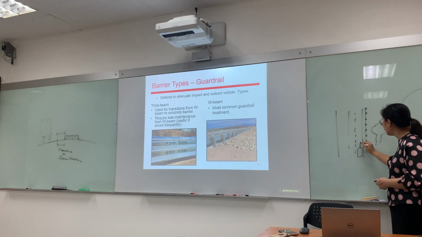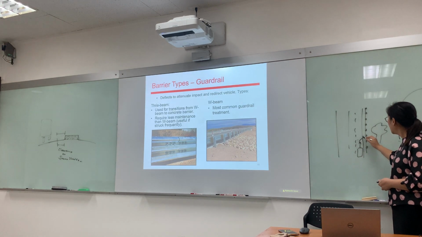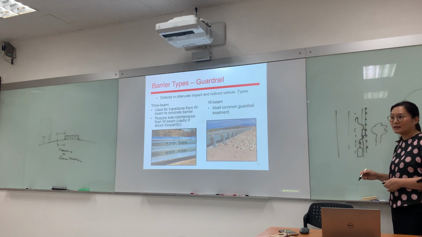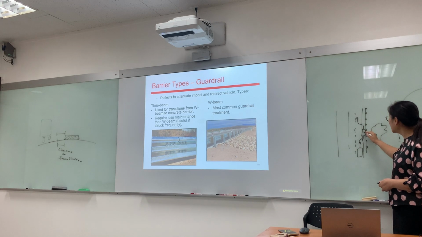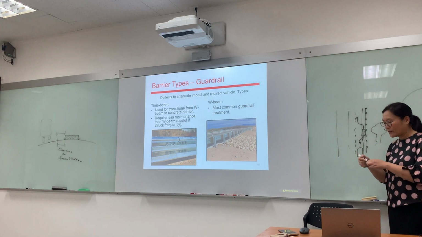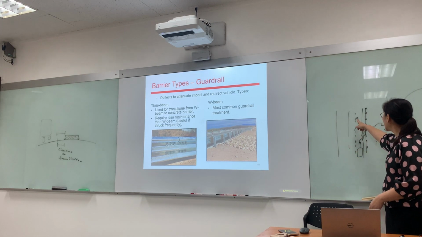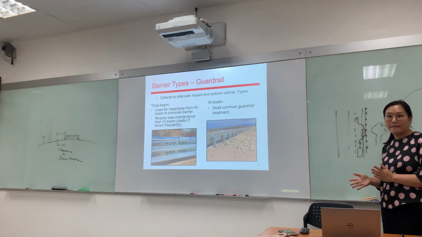Just in case you lose control, hitting the guardrail can redirect you back. This is what we call redirecting the vehicle. The function of the guardrail is to redirect the vehicle and get it back to its own lane. So the guardrail works when you have a side impact.